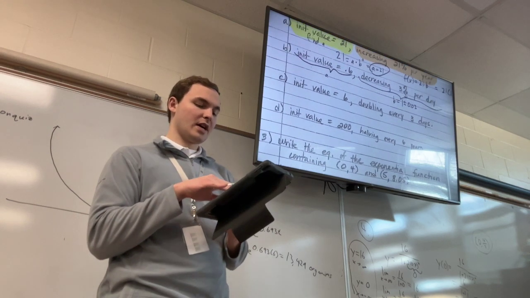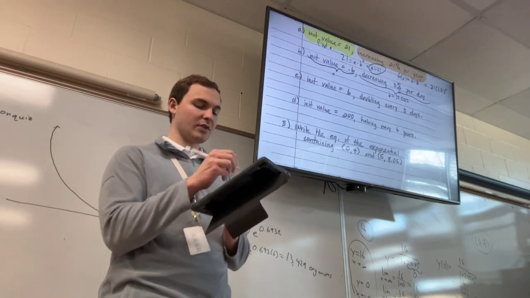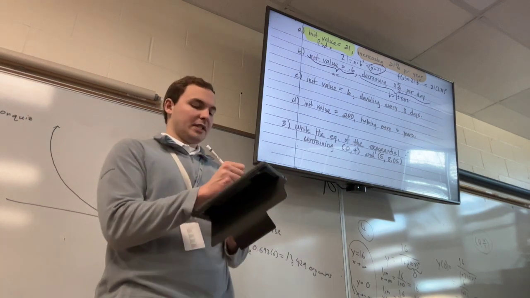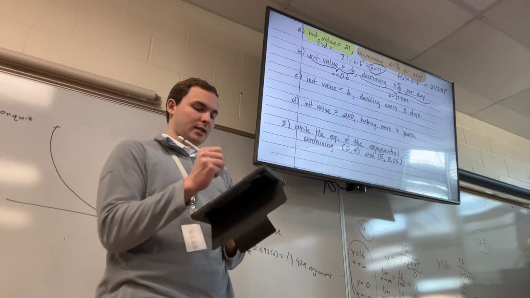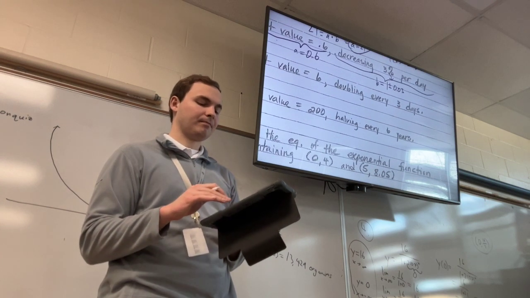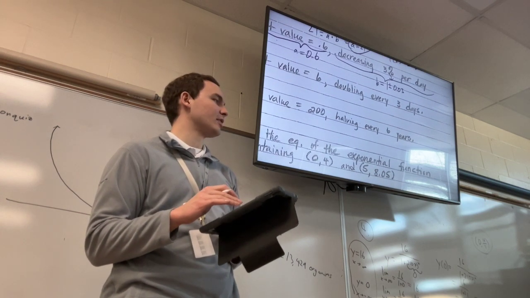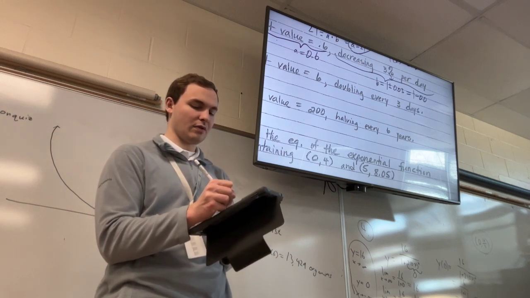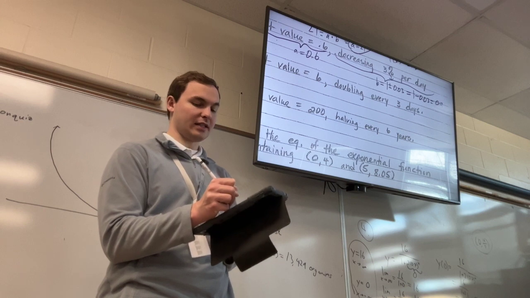So this one would be what then? What's a equal to? 0.6. What's b equal to? Do I do 1 plus or 1 minus 0.03? Minus, yeah. So it's 1 minus 0.03, which equals 0.97.